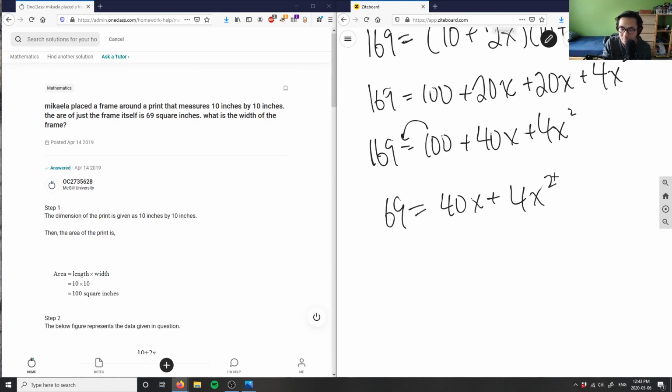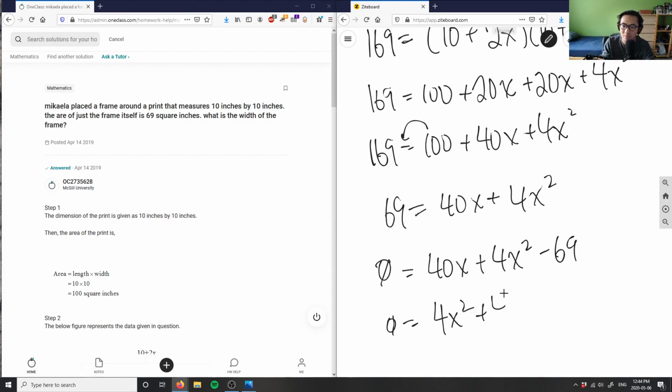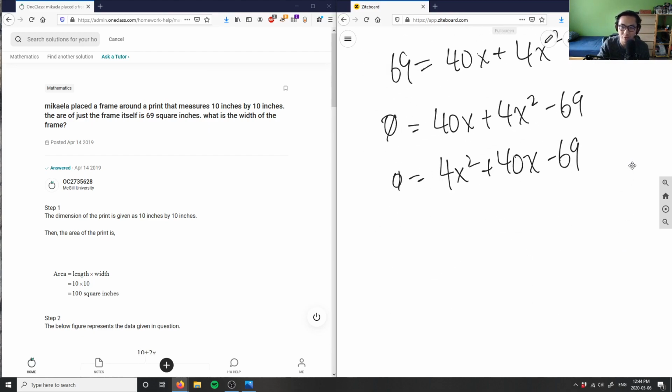Then I have to move this back to the other side, so I don't think I can common factor, unfortunately. So 0 equals 4x squared plus 40x minus 69, and I believe you're going to have to use the quadratic formula. I don't think this is factorable.